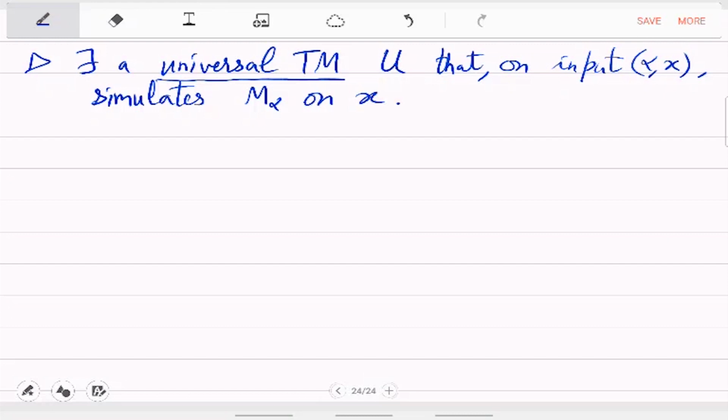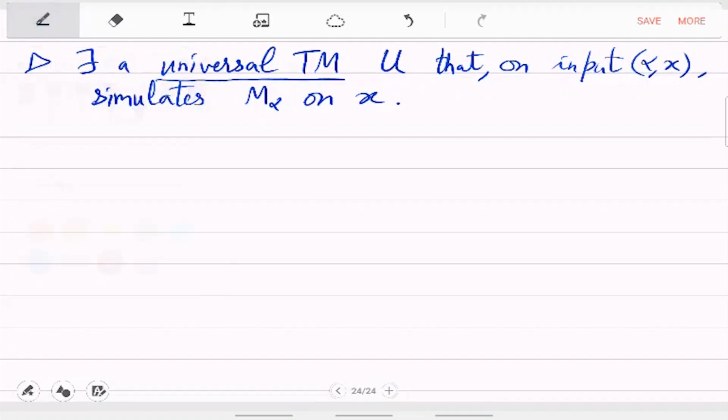Okay, so now you can design a Turing machine called U, which will take another Turing machine with its input and then run that Turing machine on the given input and either halt giving an answer or not halt. All that depends on what alpha was, right? So what is this Turing machine design?